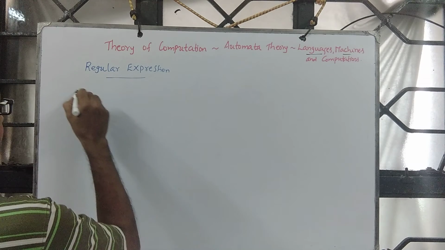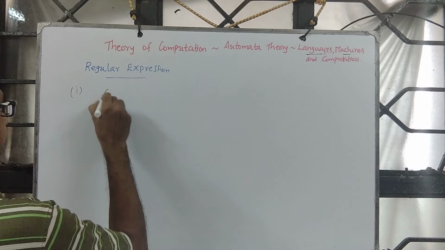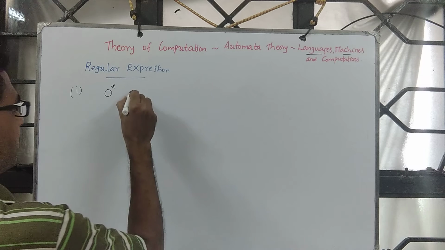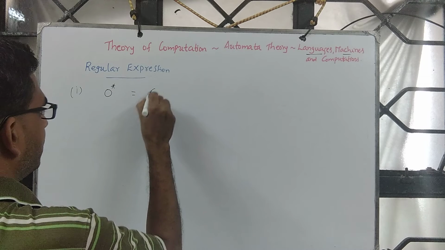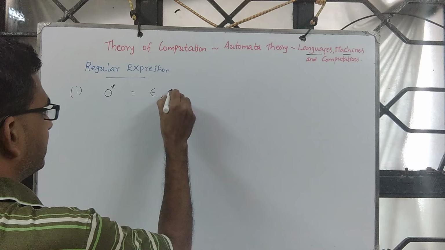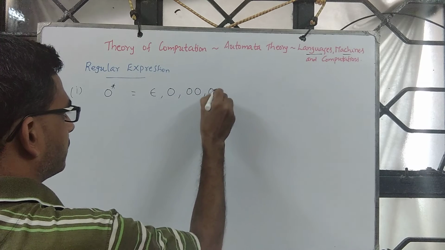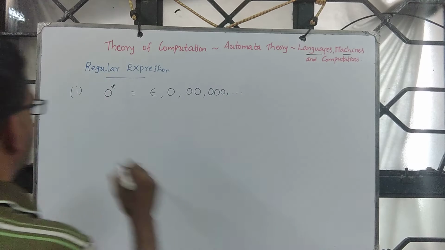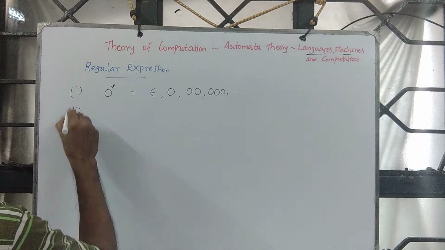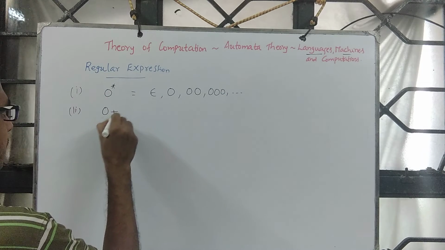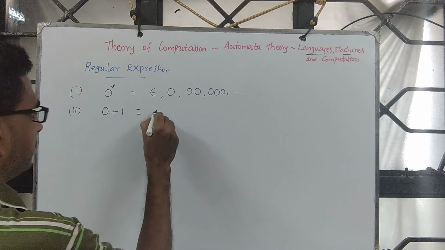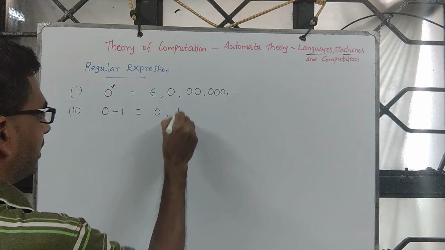Note the following. When we write 0 star, which means 0 or more copies of 0, which means epsilon, 0, 0, 0, 0, 0, and so on. When we write 0 plus 1, which means 0 or 1.